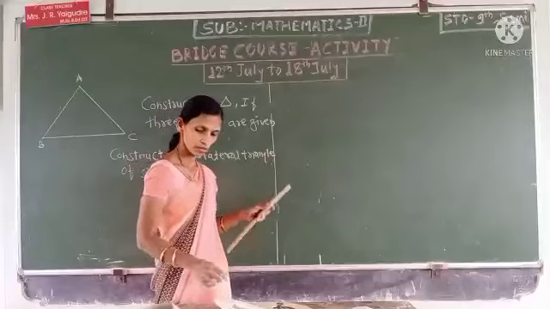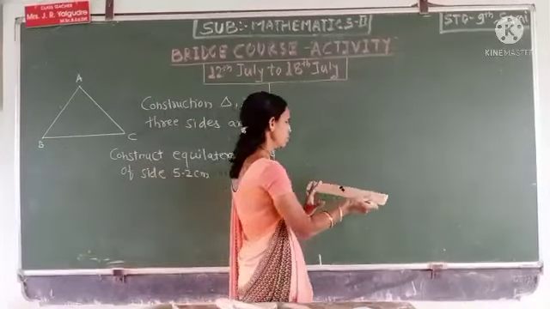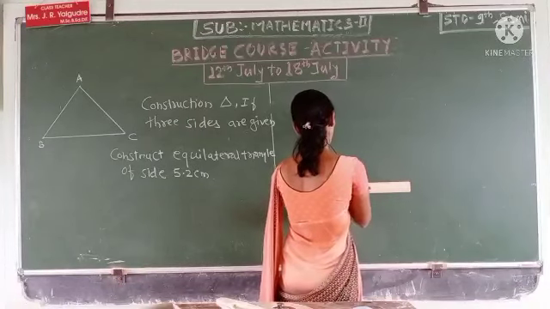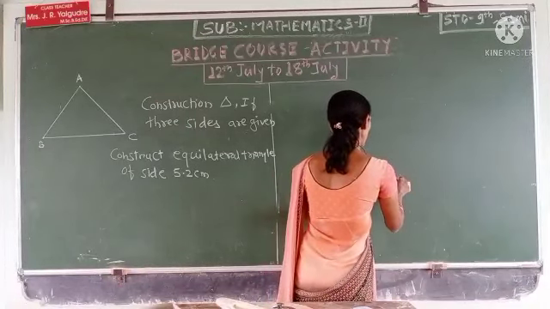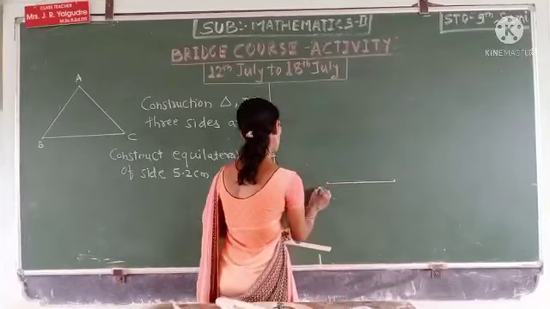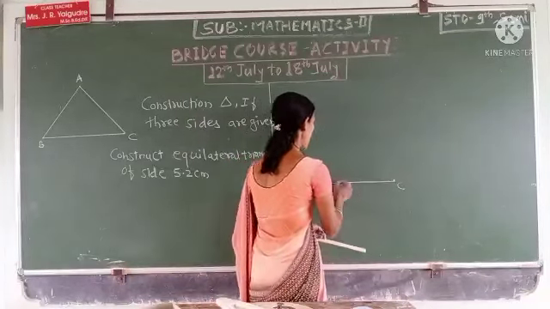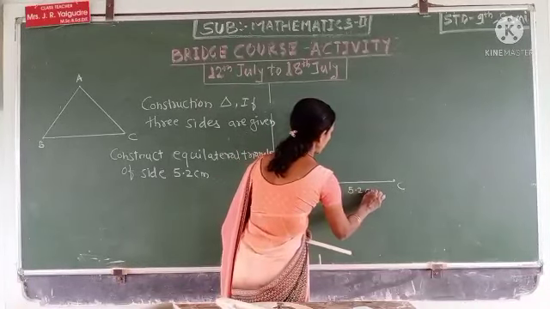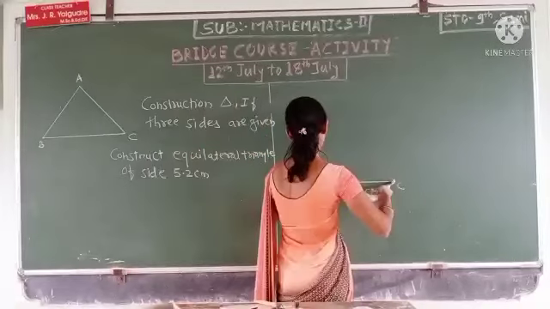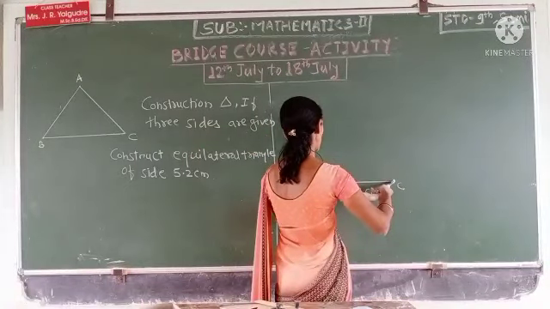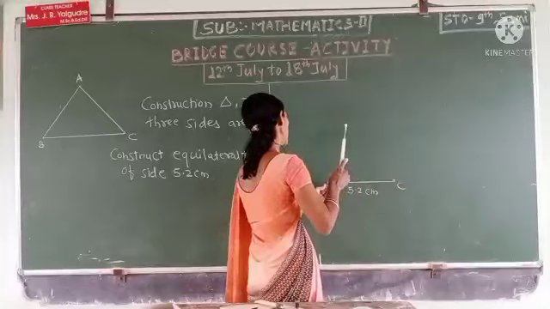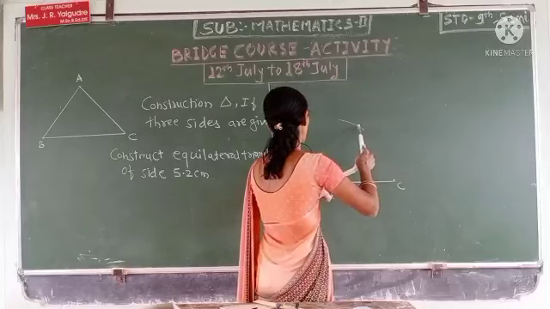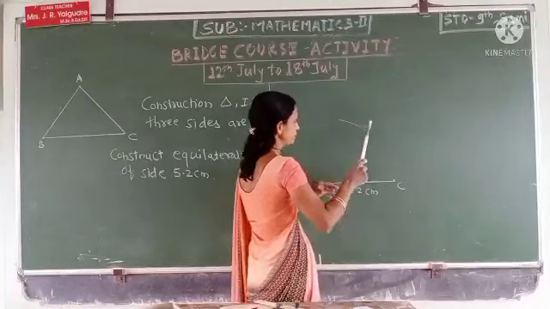See here, for this construction, first of all we have to draw a line segment of 5.2. Here BC is a line segment having length 5.2 centimeters. Then take the distance BC in the needle compass. Putting the needle on point B, we mark it only on one side.